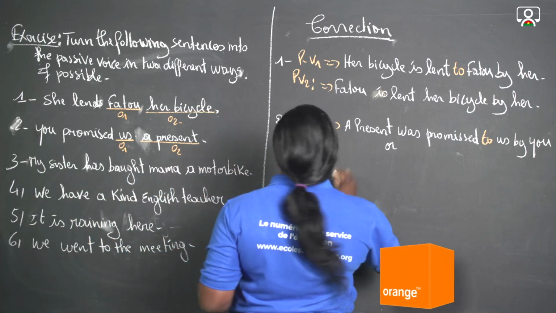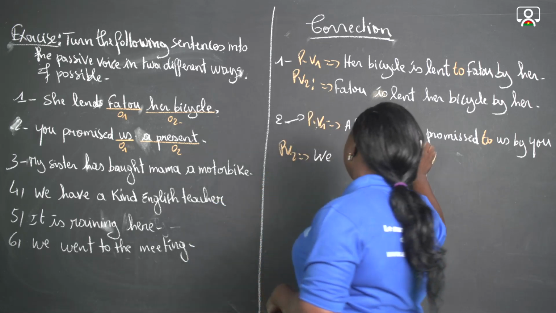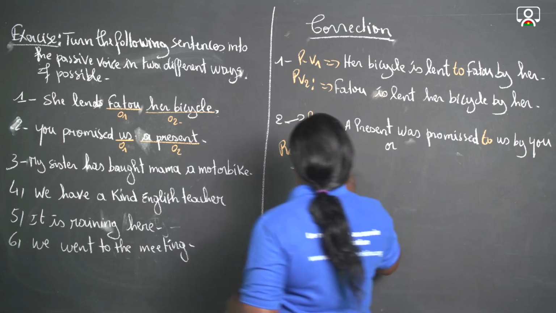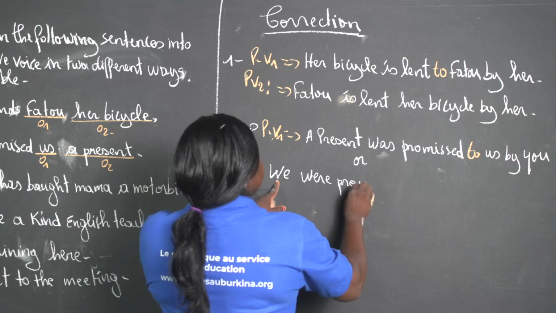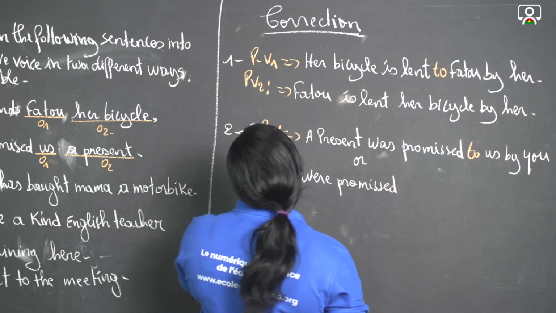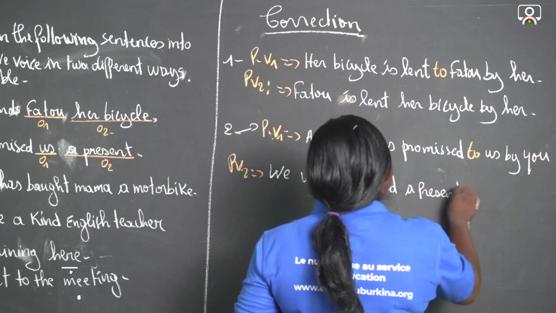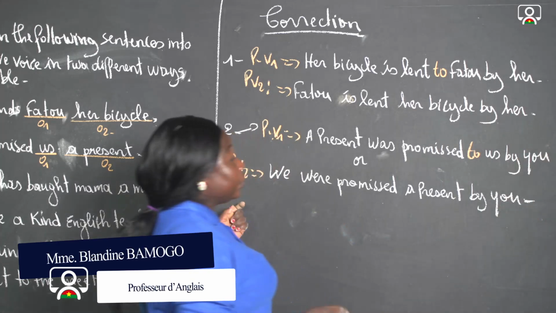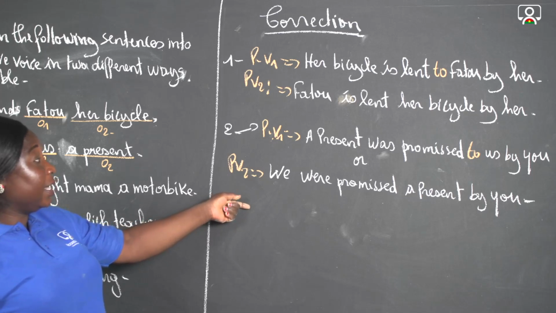So we, simple past of to be, but now the subject is we, so we are not going to say was, but were. We were promised because of the subject. We were promised what? A present. By whom? By you. Here also it is possible, and we have done it.